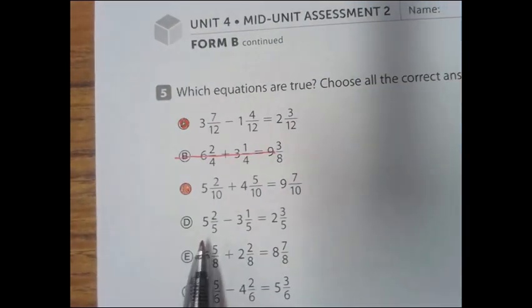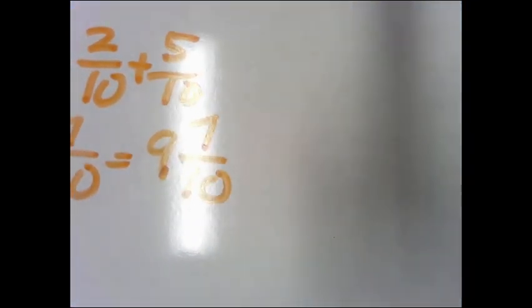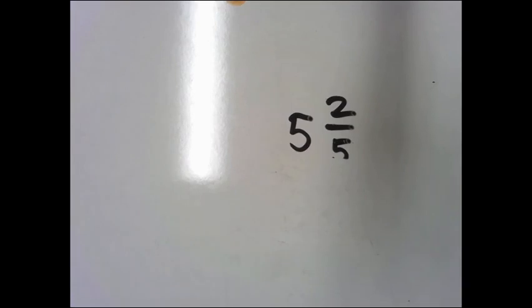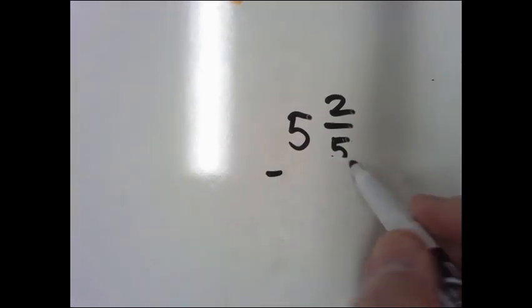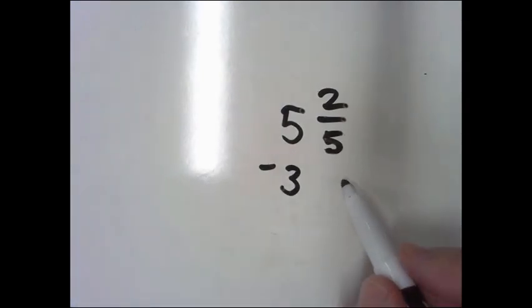All right, 5 2/5 take away 3 1/5 is 2 3/5. Well, let's take a look. Let me rewrite that. 5 2/5 take away 3 1/5.